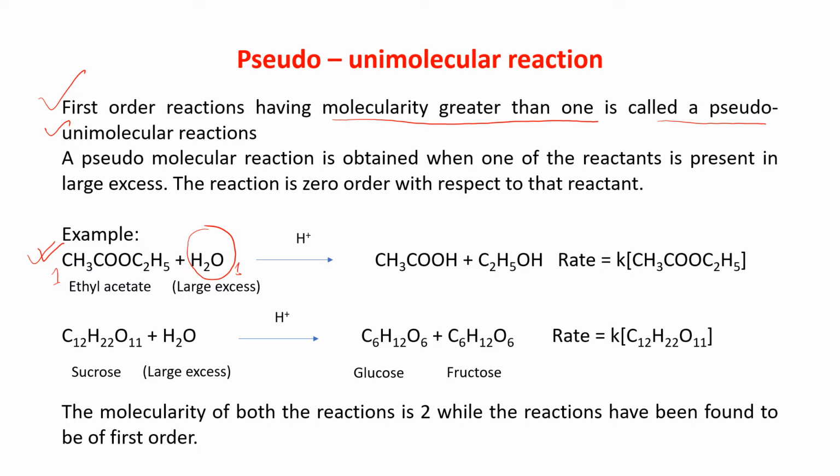In the second one also the molecularity is 2. This is greater than 1. But while calculating the rate, one of them is not taken into account. So that is known as a pseudo-unimolecular reaction. I think I am clear to you.